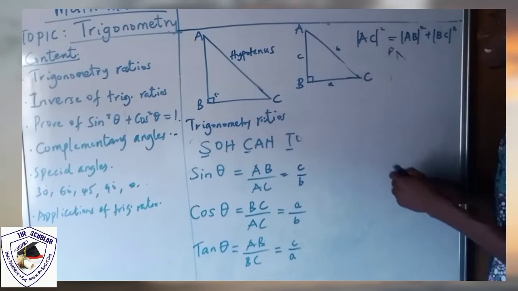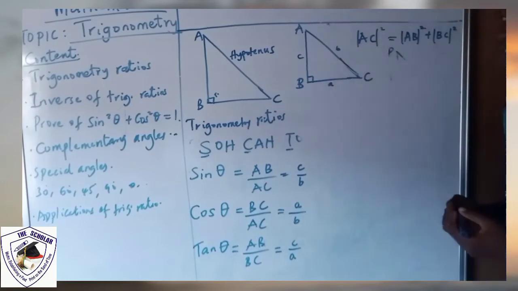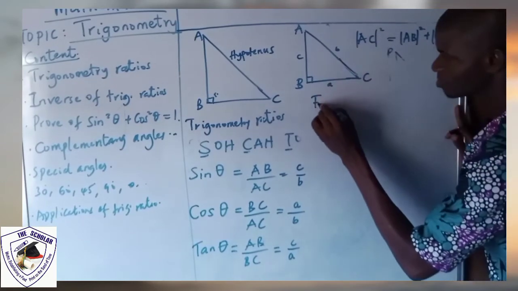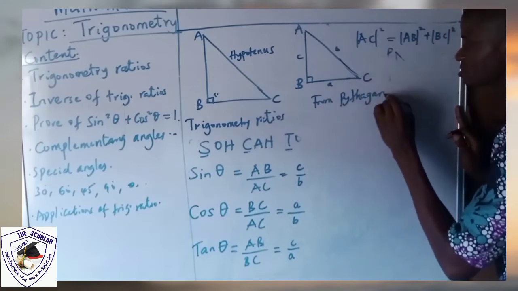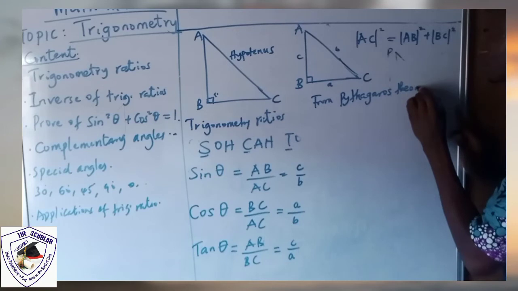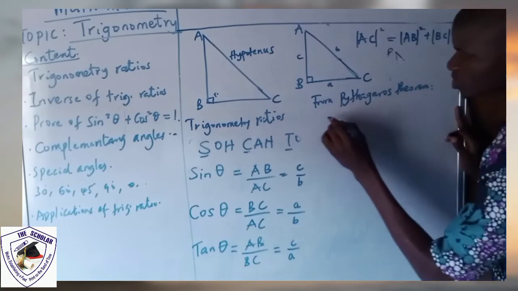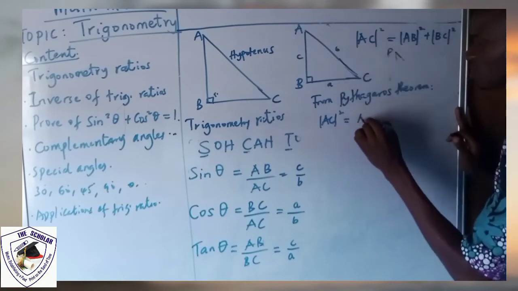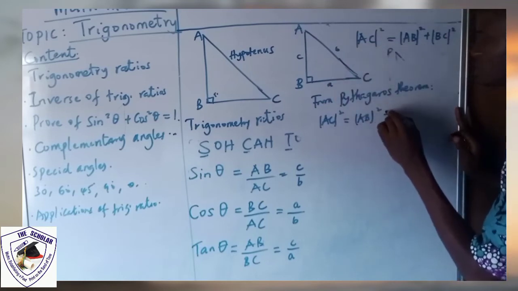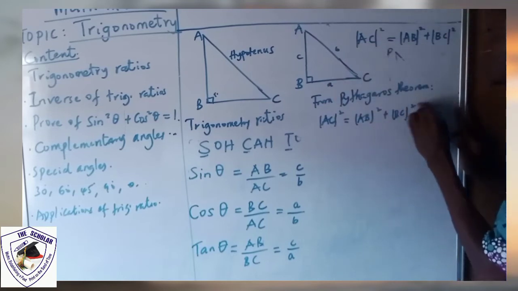Now using the same Pythagoras theorem that I've stated here, we state that line AC squared is equal to line AB squared plus line BC squared.